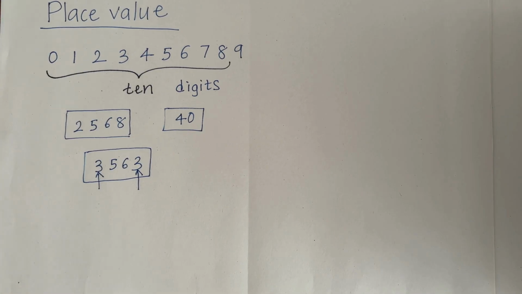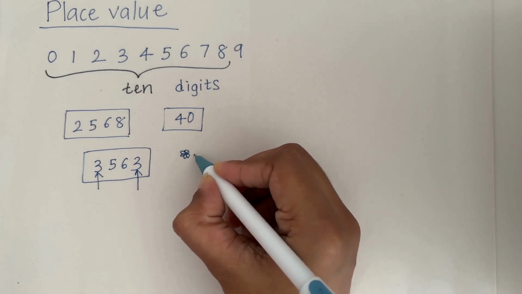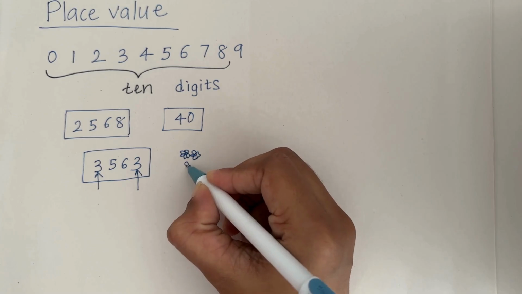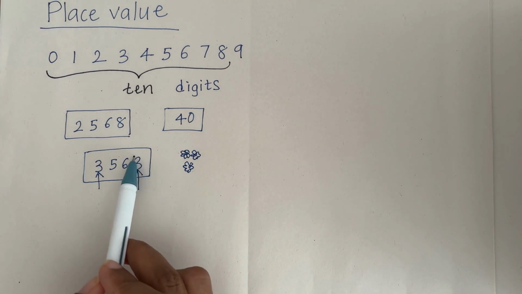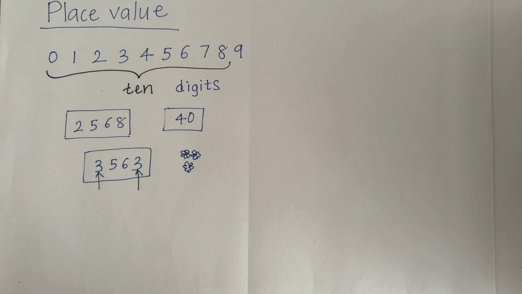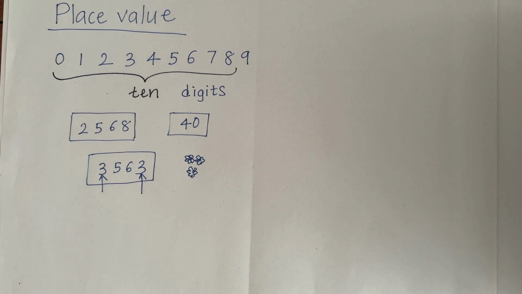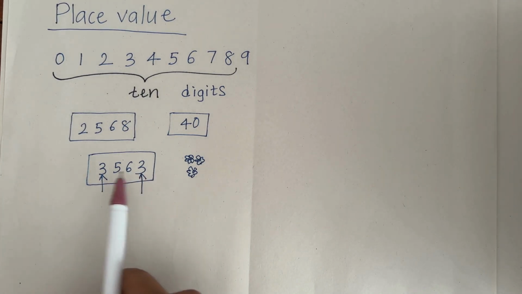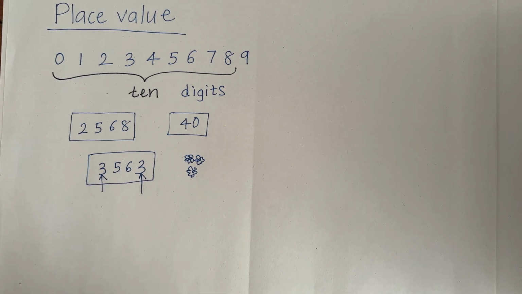So now tell me, are they the same? A 3 simply represents something, like 3 flowers. Do this 3 and this 3 represent the same value? Even though the digits are the same, the value represented by them is different.